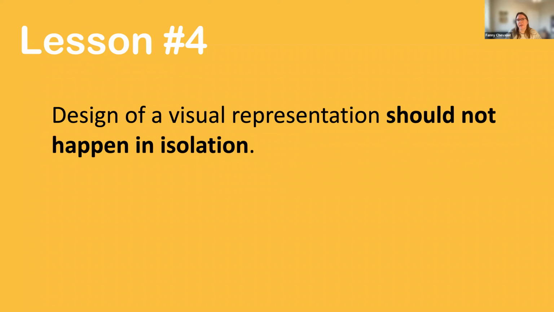There are trade-offs to be made, because if you project the data this way, it's not going to facilitate the reasoning about the data for X or Y or the task. So there are trade-offs, and a lot of those trade-offs are dictated by how you make decisions for other visualization components.